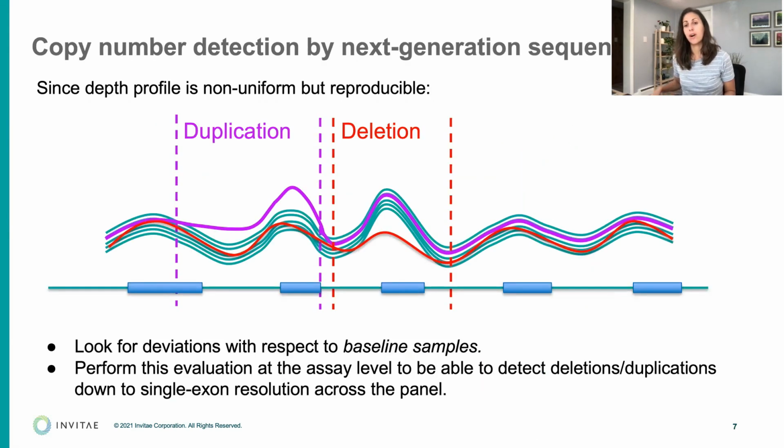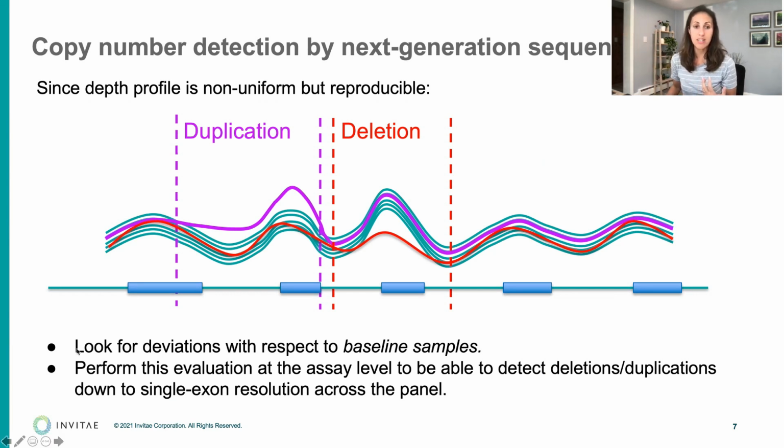Increasingly now, as the technology continues to evolve and improve, not only can we sequence a gene, but we can use the amount of sequencing data we get to make inferences about whether there was a deletion or a duplication in the region. So not only reading the sequence of that gene, we can understand whether there was a deletion of the gene or part of the gene, or a duplication of part of the gene.